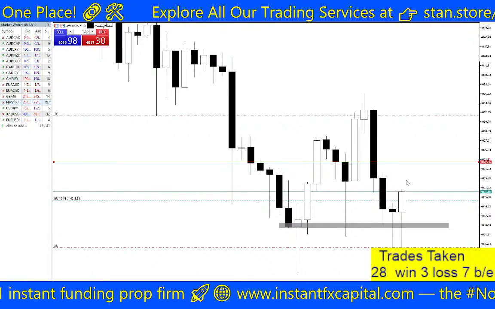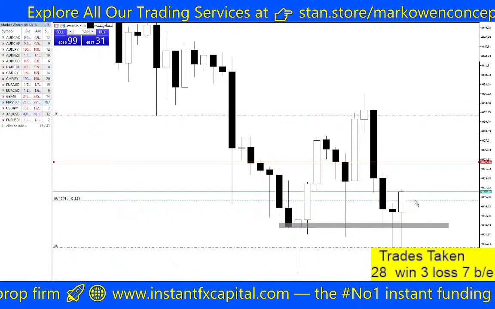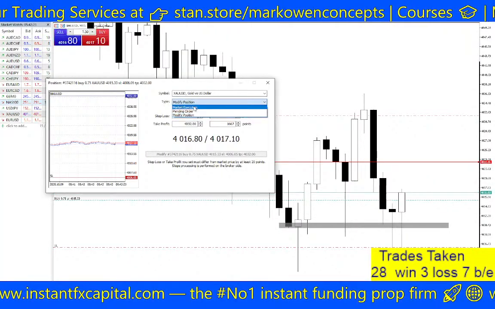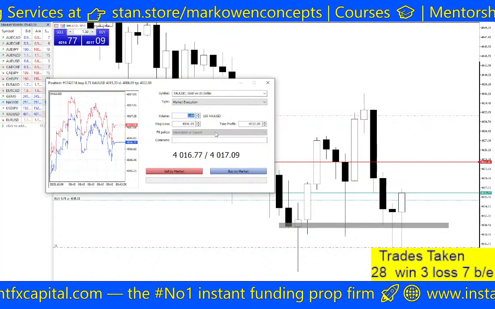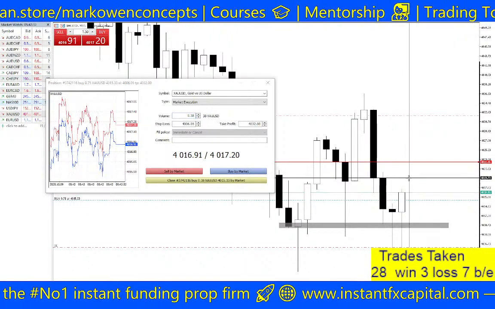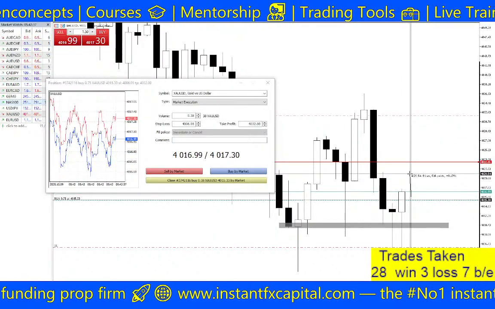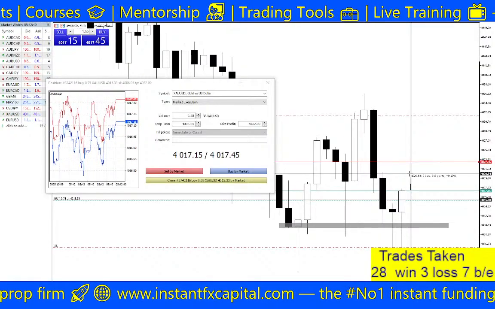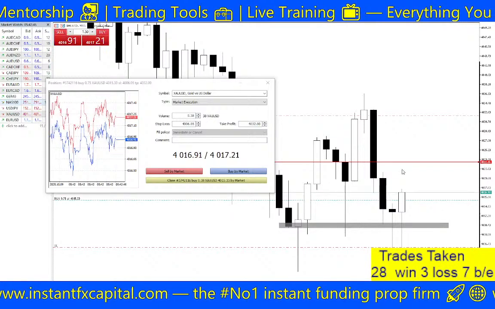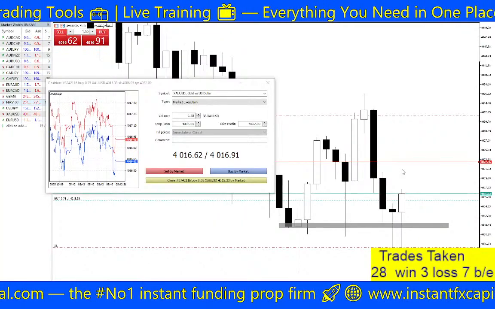If you've scaled out, I'm going to try and let this one run a bit. 0.38. Let me know if you're still in this trade, guys, what you're doing, where you've got your stop, how you're managing it.